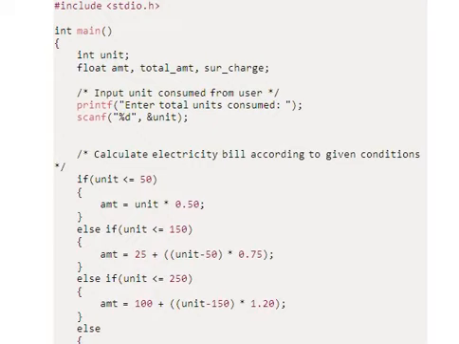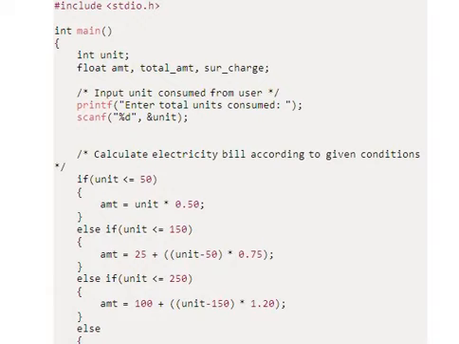If unit is less than or equal to 50, unit or units, it doesn't make any difference, your amount is multiplied by 0.50. And what do you mean by less than or equal to 150? It means greater than 50 and less than or equal to 150. You can write an if statement like this: instead of writing unit greater than 50 and less than or equal to 150, you can write else if unit less than or equal to 150.